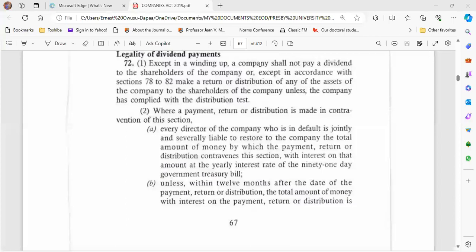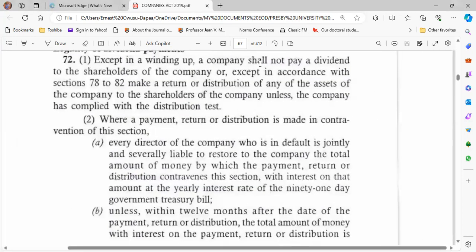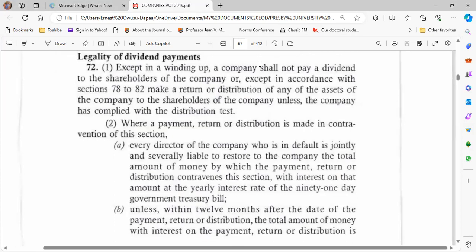And Section 72 is to the effect, and I quote, subsection 1, except in a winding up, a company shall not pay a dividend to the shareholders of a company, or except in accordance with sections 78 to 72, make a return or distribution of any of the assets of the company to the shareholders of the company, unless the company has complied with the distribution test.